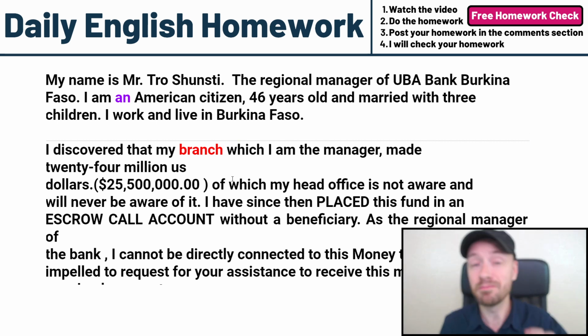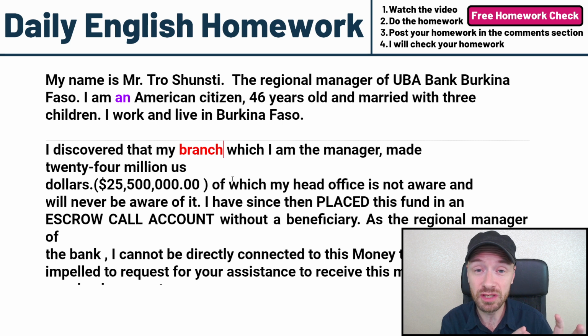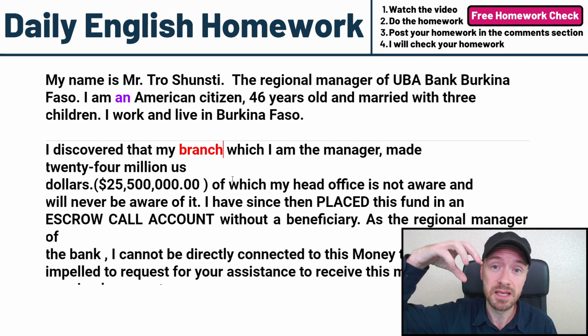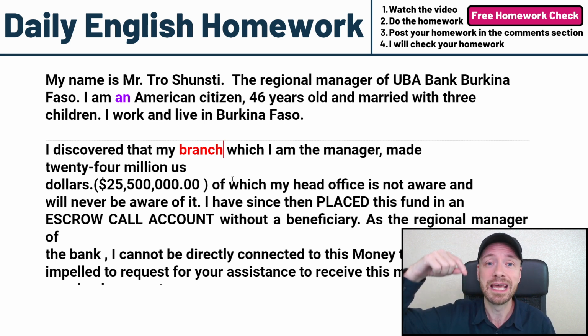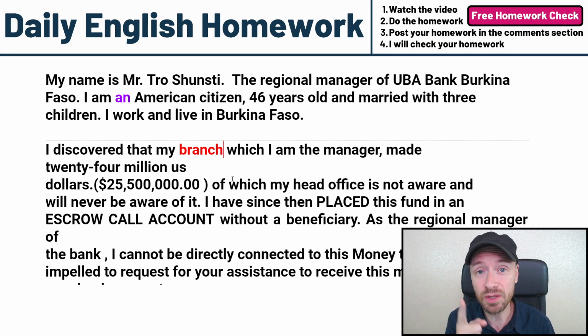So he wants to say branch. A branch is a location of a company with many locations, like a bank. A bank has its central location, and then it has branches, other locations. That's the word he wants to use. I don't know why he used branching. That's a critical error. I fixed it for him.